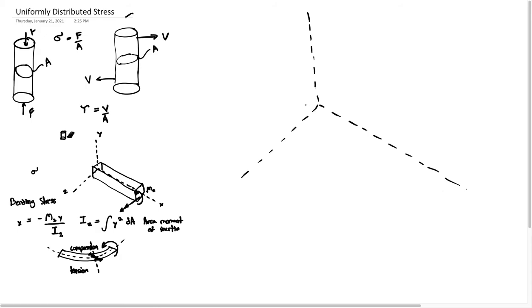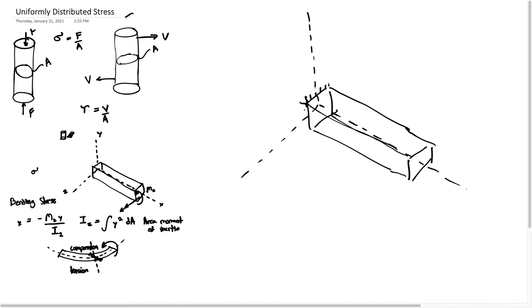And as I draw this, I want to make sure that it is fixed at that wall. And I can simply write that using these lines. So that's a fixed beam.